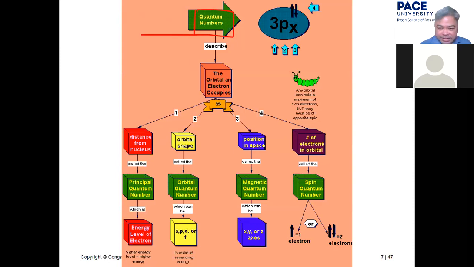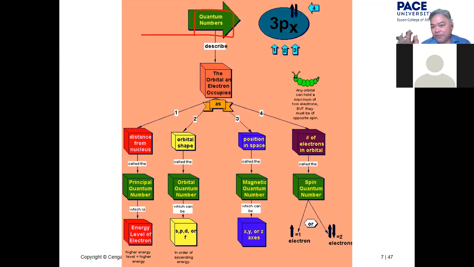Now, this slide is the summary of what the quantum numbers are. Maybe we go first through each of them and then go back to this slide. Overall, the quantum numbers describe the orbital an electron would occupy.